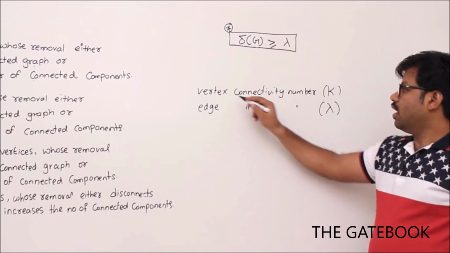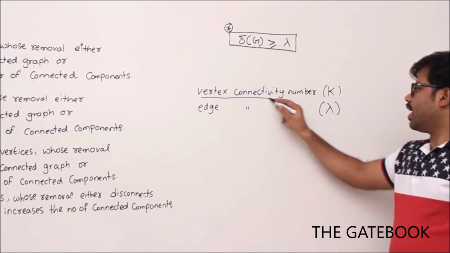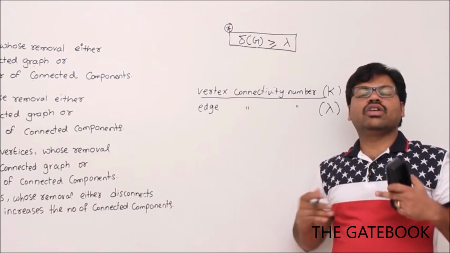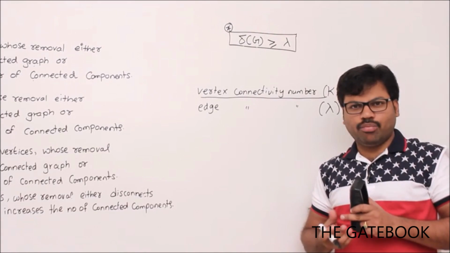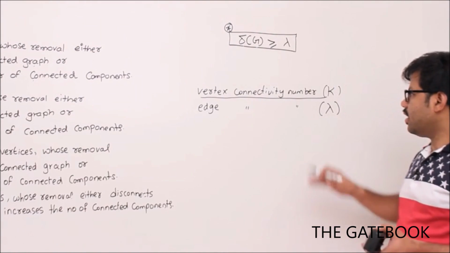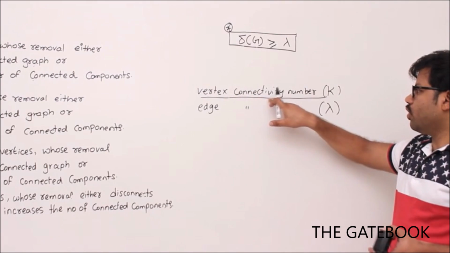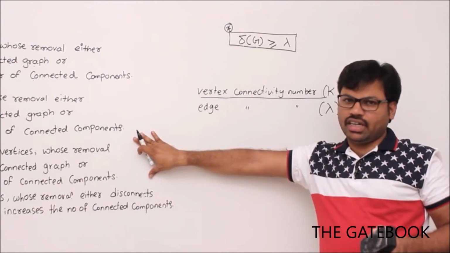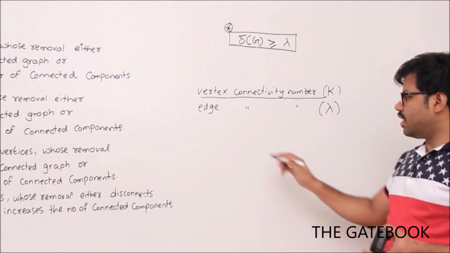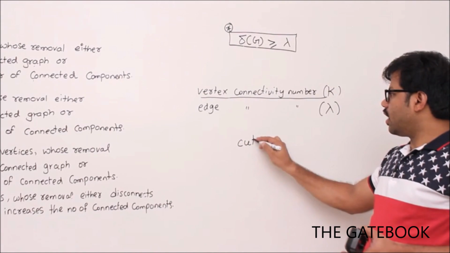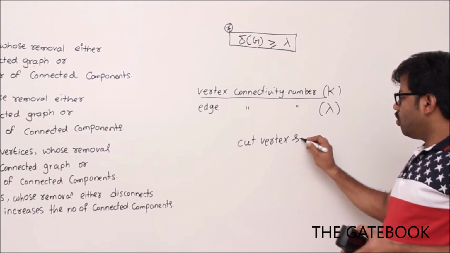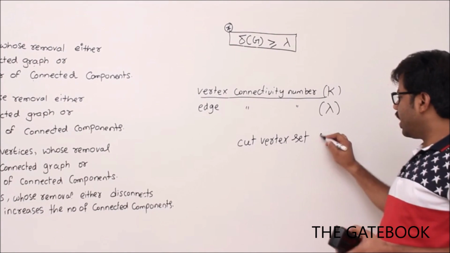It is the minimum number of vertices required to disconnect the connected graph, or otherwise to increase the number of connected components. That means the vertices you remove should be minimum, and they should have the cut vertex set property. I can say that the vertex connectivity number can be defined as the cut vertex set whose size is minimum.